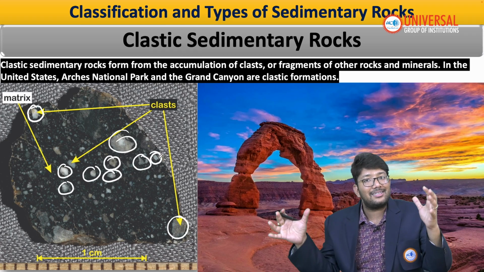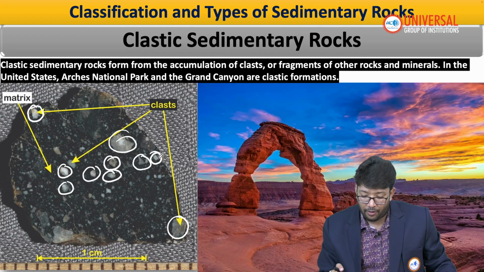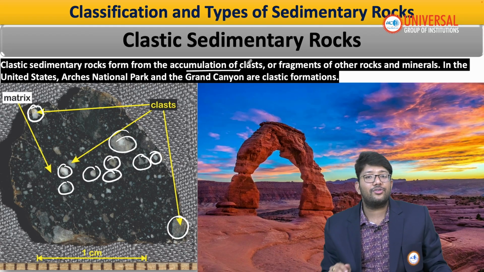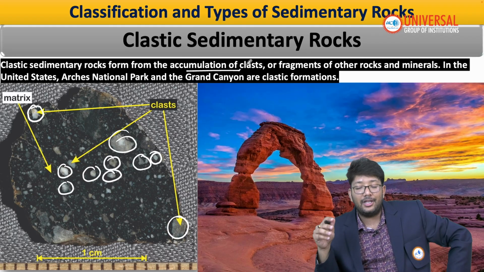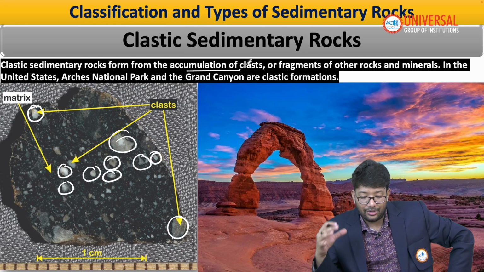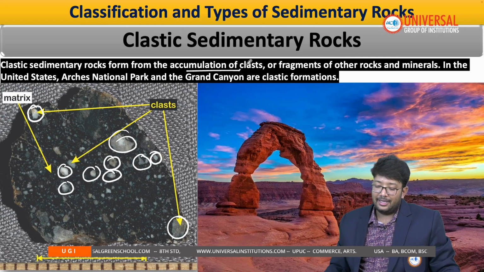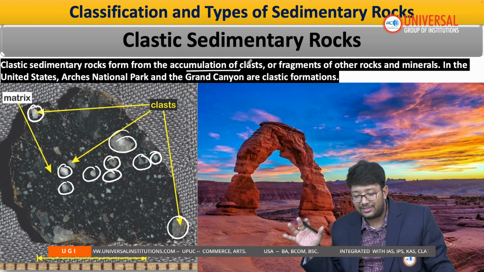When all these clasts come together and are cemented, clastic sedimentary rocks are formed. So the definition is like this: the clastic sedimentary rocks form from the accumulation of clasts or fragments of other rocks and minerals. In the United States, as you can see, this particular photo is from the Arches National Park.